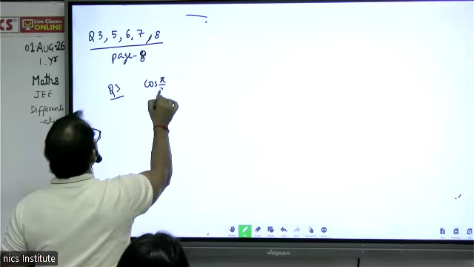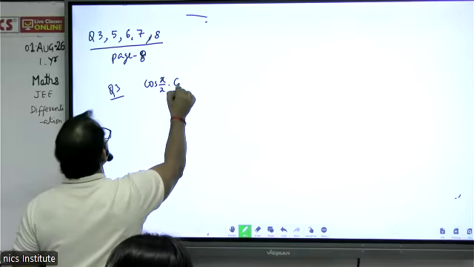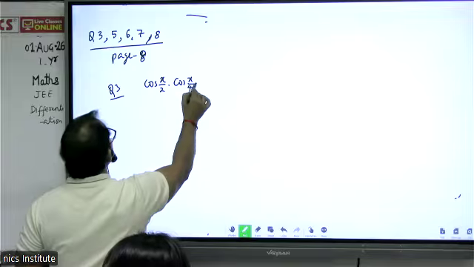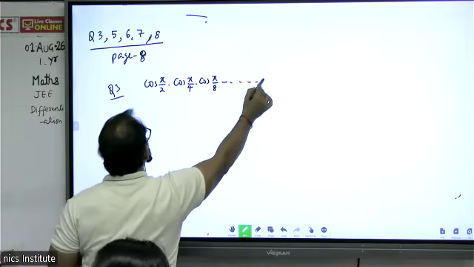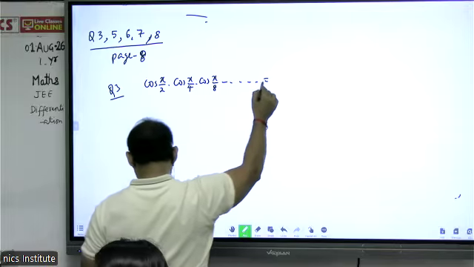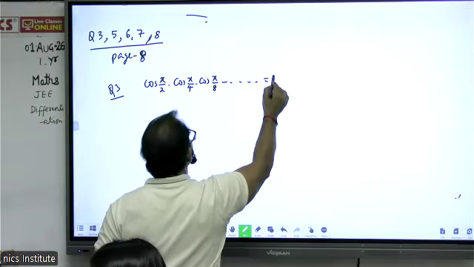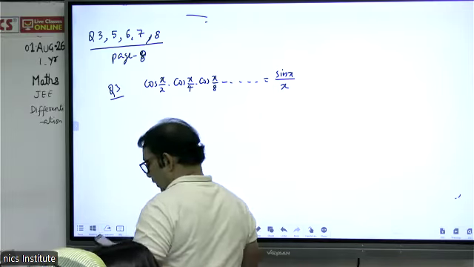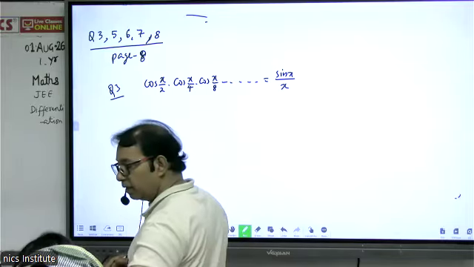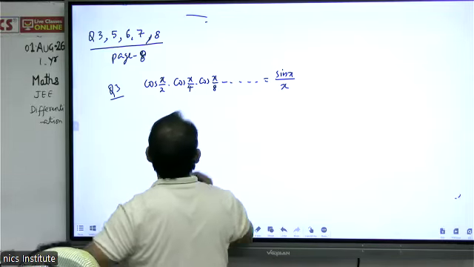Cos of x by 2, cos of x by 4, cos of x by 8, and dash dash till sin x by x. Since in the answer we have plus sign in between, that means we need to take log of both the sides.